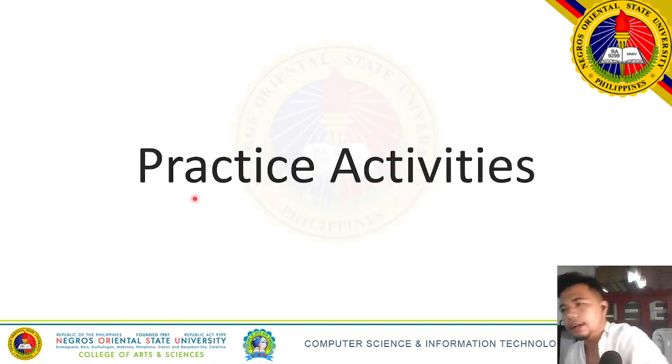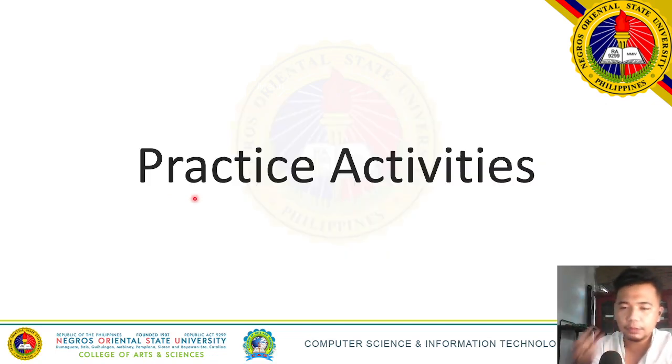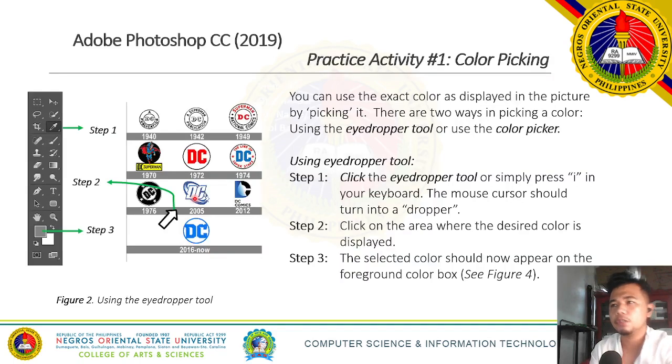Alright, so those are the tools. However, there are a lot more tools that we will encounter and use in Adobe Photoshop, and we're just going to learn them as we go along. So let's have a few practice activities. First one is color picking. You can choose the exact color as displayed in the picture by picking it.